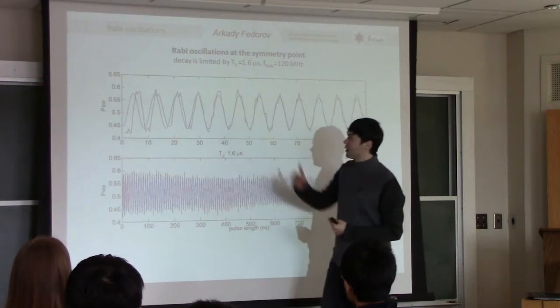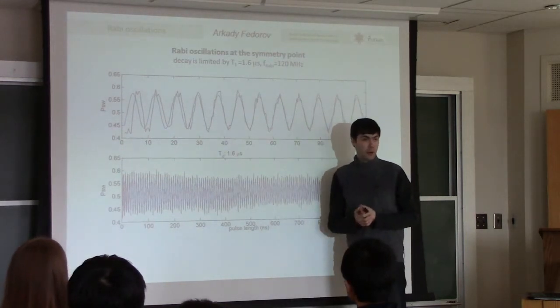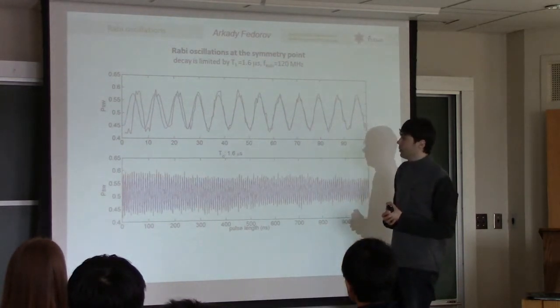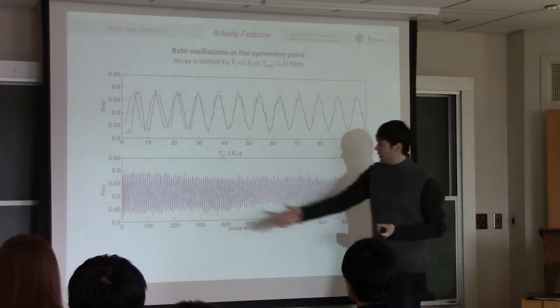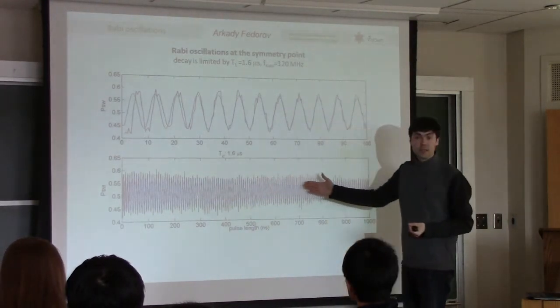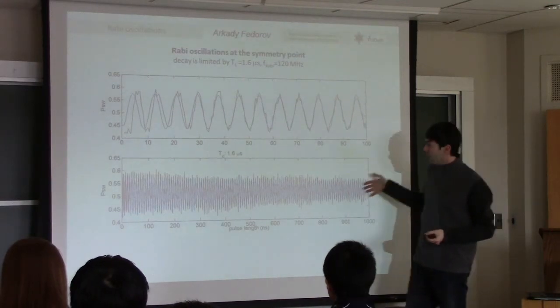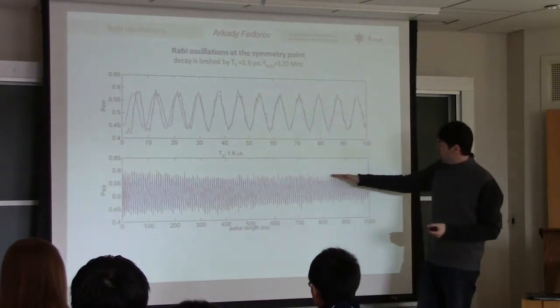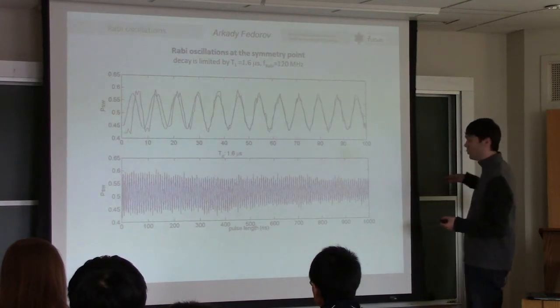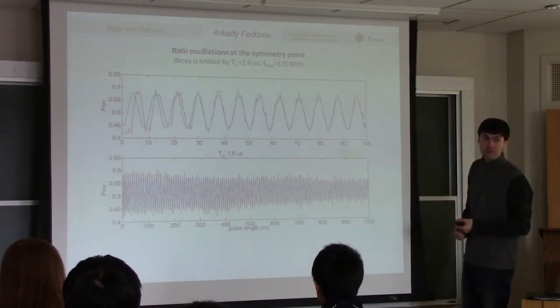And for flux qubits, they achieve already quite remarkable results these days. You can see many of these Rabi oscillations, and they're very fast. So in 1 microsecond, you have many tens. And the coherence time, it looks like it will allow it to go for even longer.